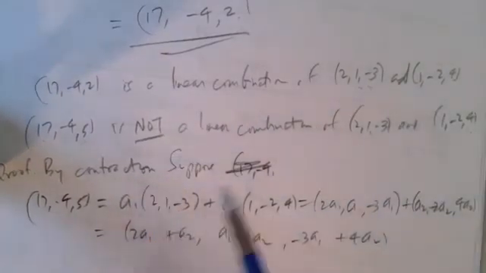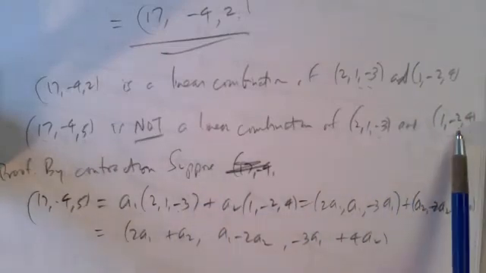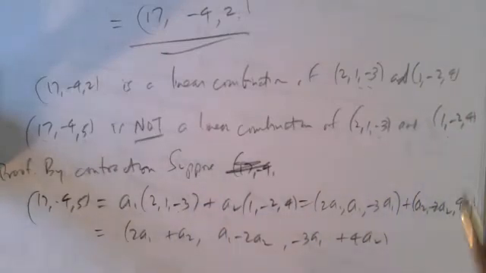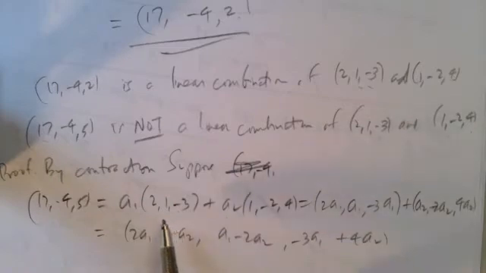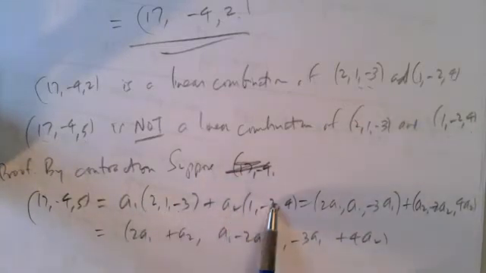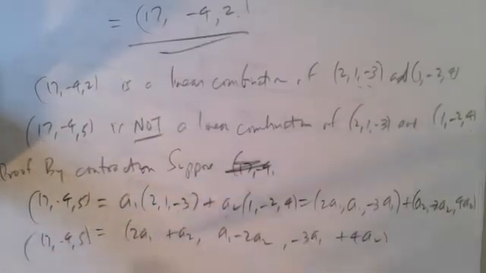I'm going to suppose this is a linear combination of these two vectors and deduce from that a contradiction. So suppose 17, minus 4, 5 is A1 times the first vector and A2 times the second vector. So 17, minus 4, 5 equals this.